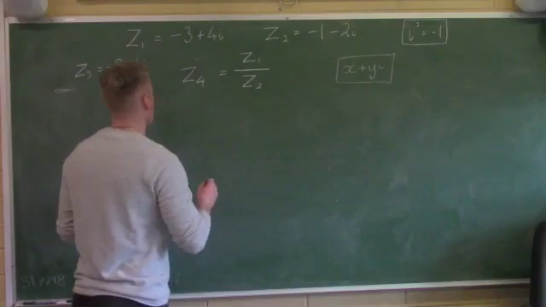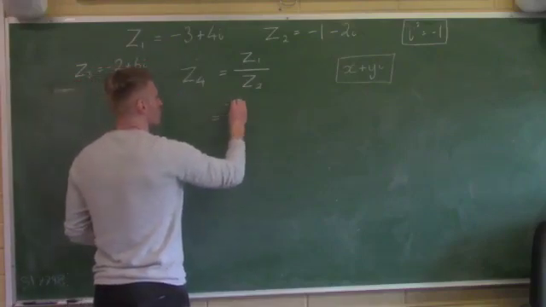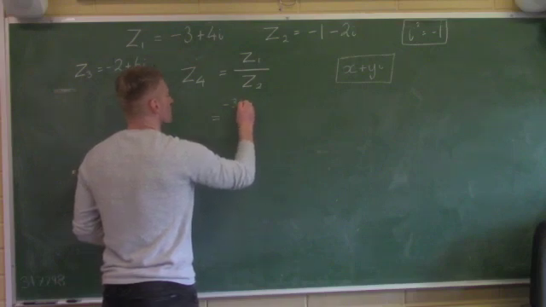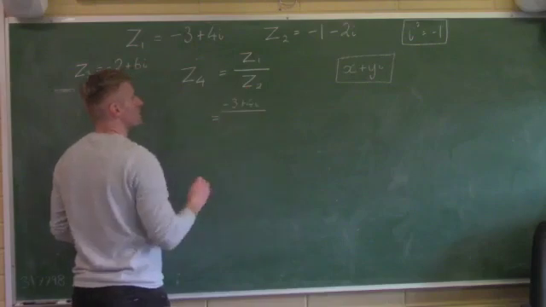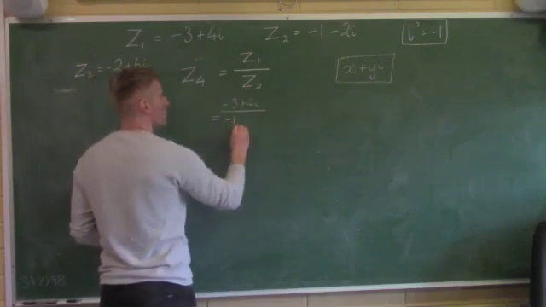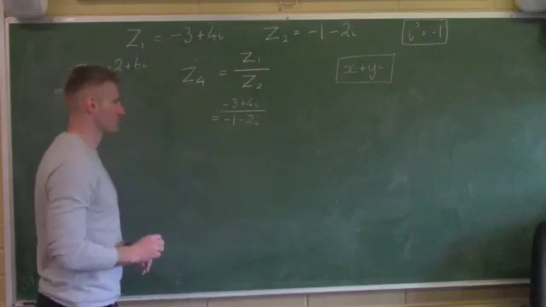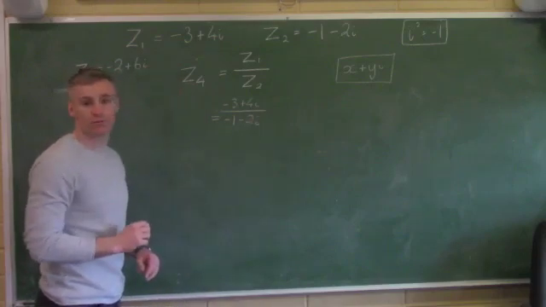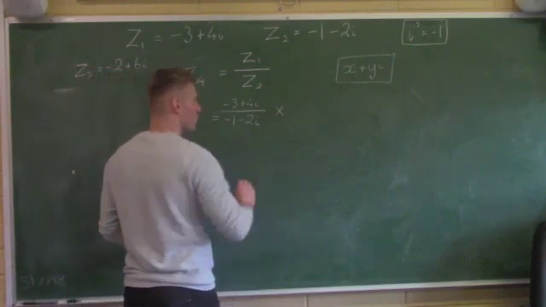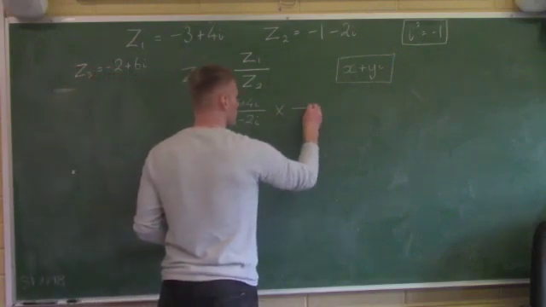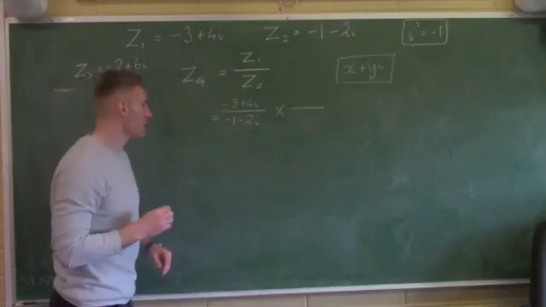Step 1, subbing. Instead of Z1, I'm putting in minus 3 plus 4i over Z2, minus 1 minus 2i. Remember when I said to you about the conjugate? Here we have it again. We multiply top and bottom by the conjugate of the bottom. That's always the case.